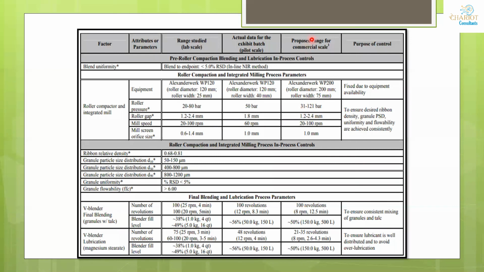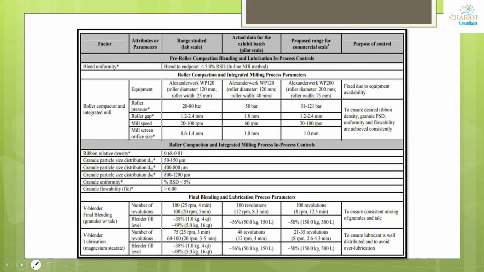So these control strategies should be a part of your product development report. Control strategy is basically whatever range you studied for your lab scale, then the scale you used for your submission batches, and then the proposed ranges for your commercial batches based on the lab scale and pilot batches, so that whichever results you were getting in your lab scale and for the submission batches, these results will be the same in your commercial batches also.